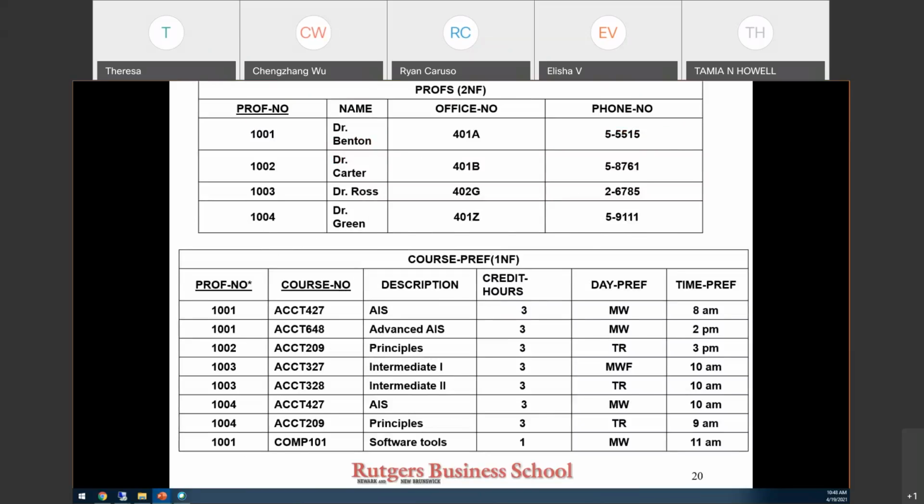But as we discussed, the course preference table is not in second normal form because some of the non-key fields, such as description and credit hour, depend on only part of the primary key.